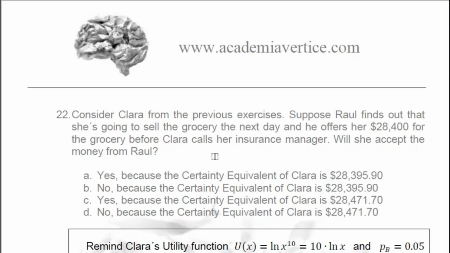Will she accept the money from Raul? Well, maybe we should find the certainty equivalent and compare this quantity with the certainty equivalent that we know is the money Clara has in mind if she wants to sell the grocery before anything happens.